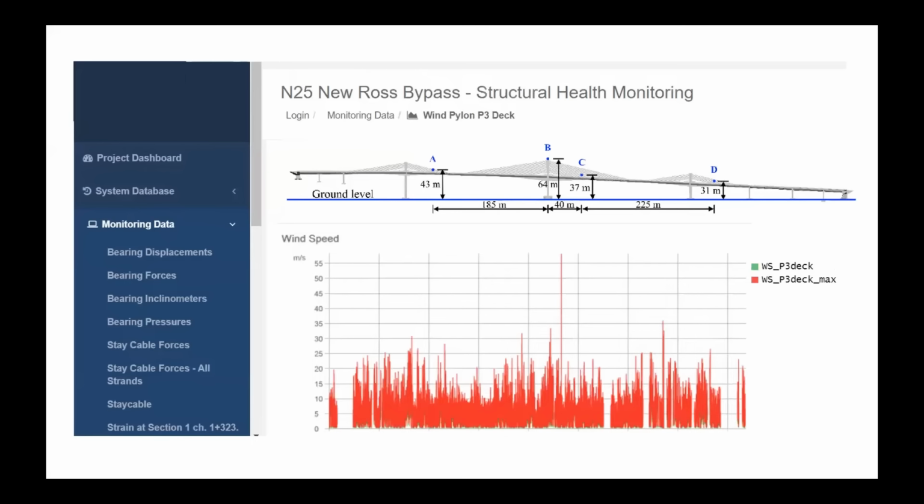But in addition to having these wind tunnel reports, this bridge has been instrumented with sensors, lots of sensors. And the points that you can see there, A, B, C, and D, are the locations of the anemometers that are measuring the weather data.